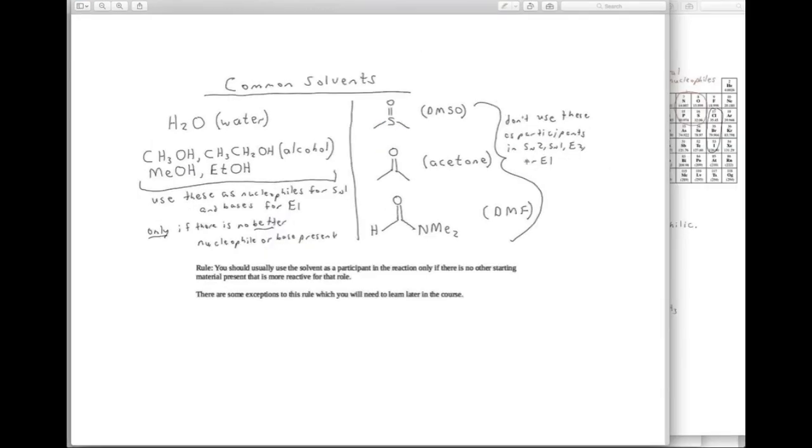Of course, you should also be familiar with the water and alcohol solvents. Water and alcohol solvents we've seen definitely can be used as nucleophiles and bases. We've seen many cases where we do use water and alcohol as nucleophiles and bases, although you should be aware we only use those when there's no better nucleophile present.